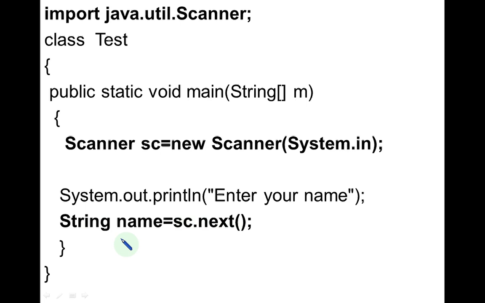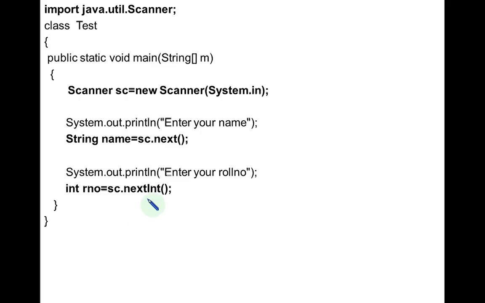Next, how do we get an integer input? In case of DataInputStream and BufferedReader, we use Integer.parseInt. But here, in case of Scanner, we use nextInt, so sc.nextInt. If it is a float, we can use nextFloat.